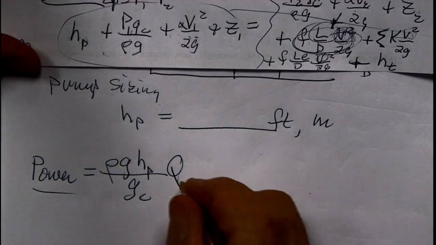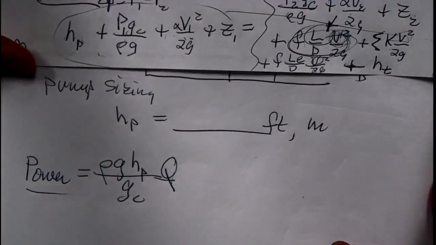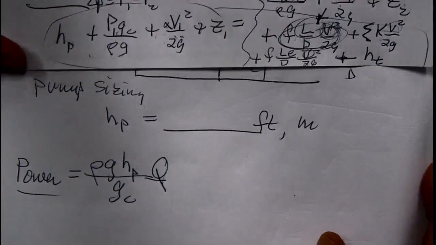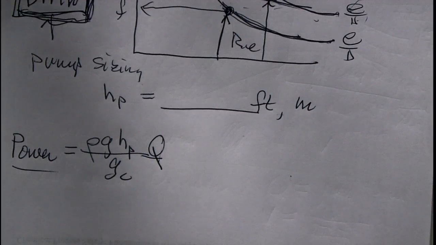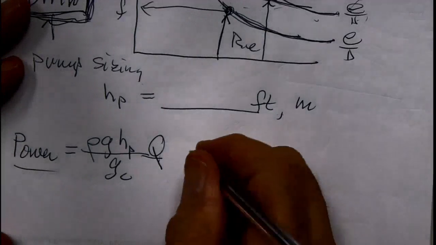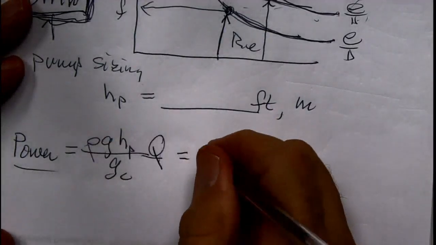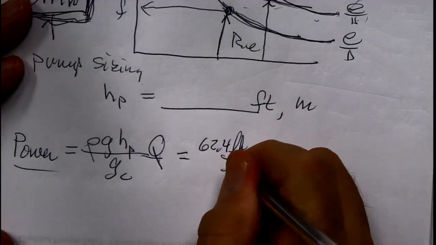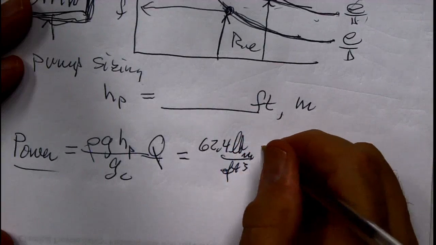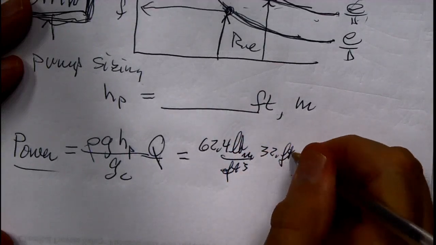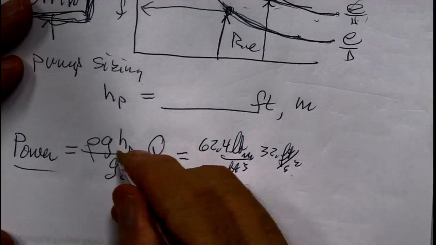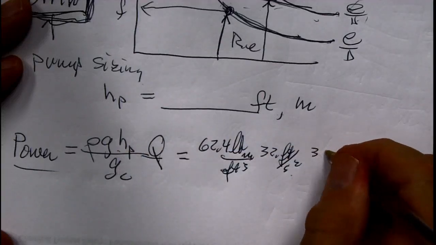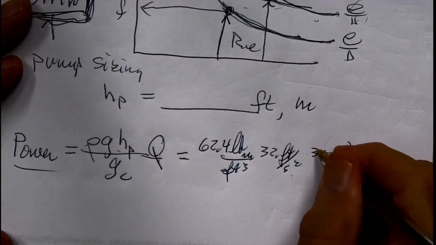So just for fun, let's do a simple calculation and make sure we have our units right, because we all know the units are our friends, correct? Density of water is 62.4 pounds mass per cubic foot, and gravity is 32.2 feet per second squared. The head of the pump, let's give it 300 feet.